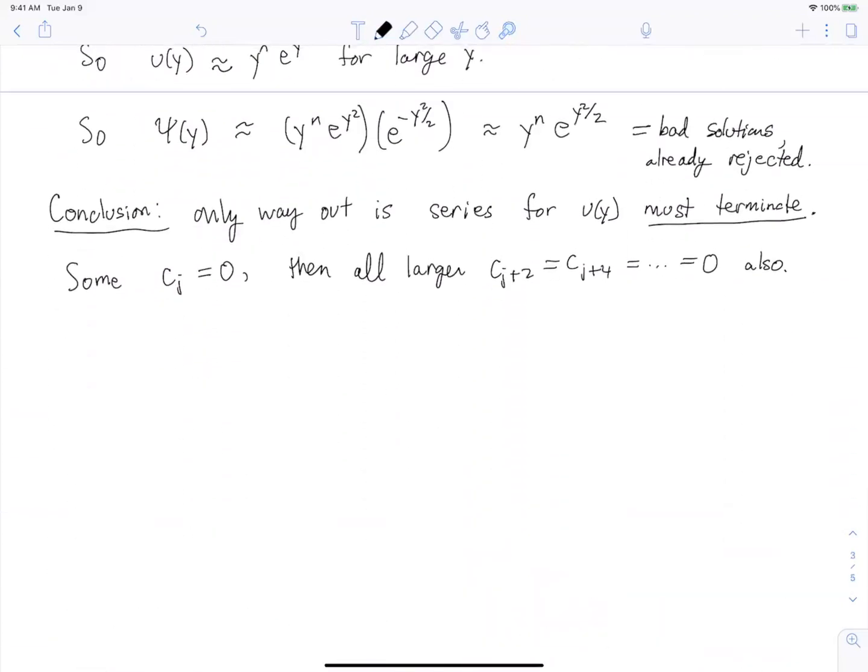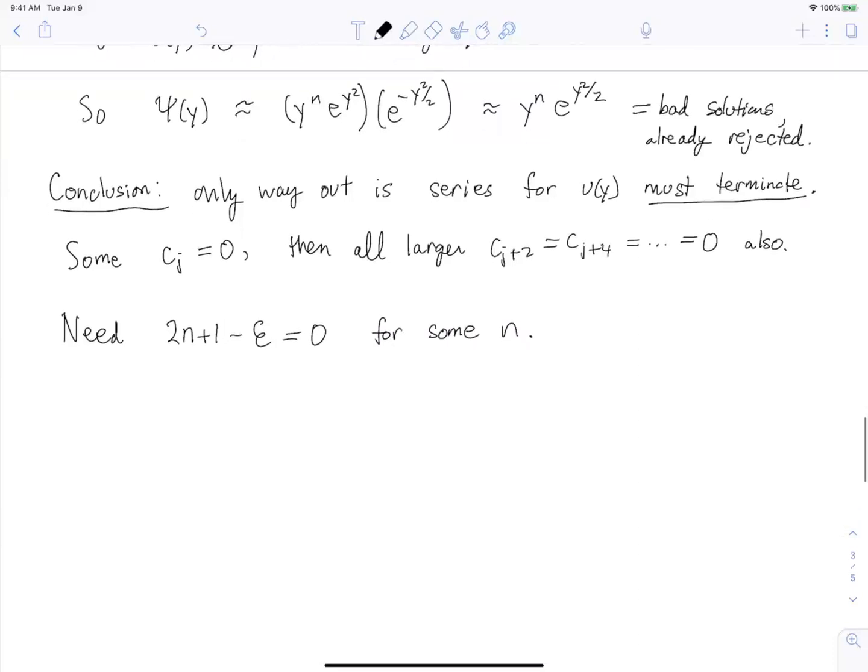Okay, and so what we need is we need 2n plus 1 minus 2 curly e to equal 0 for some n. Okay, that's what will make the series terminate, and we won't get the bad solutions. We can have something that has a chance of being a good solution.